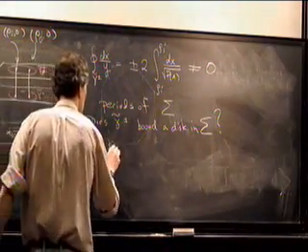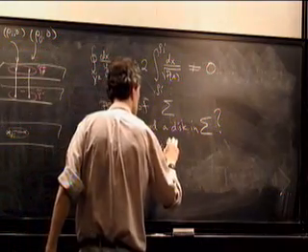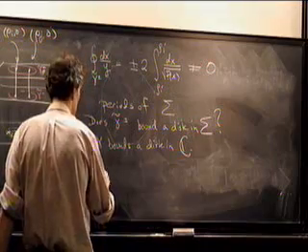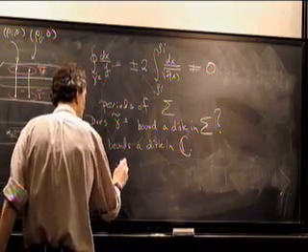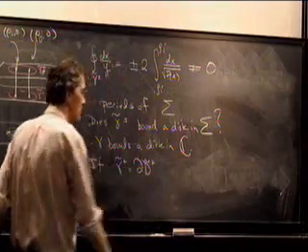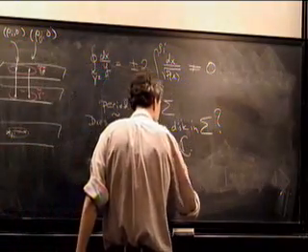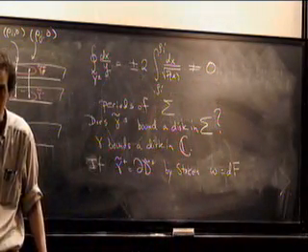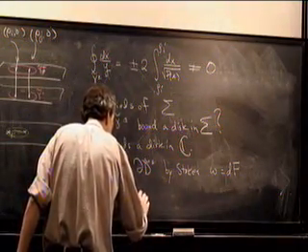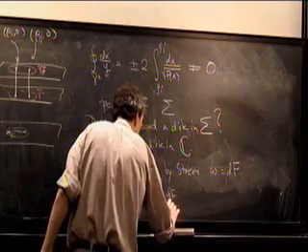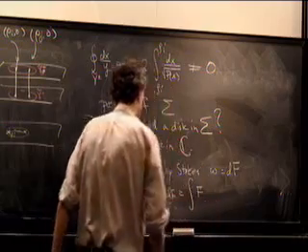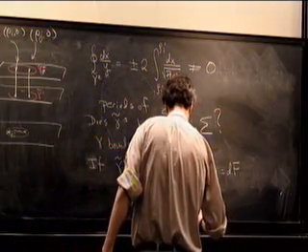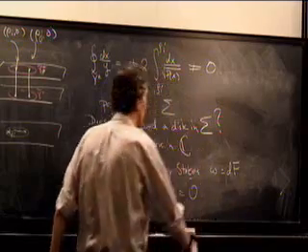Certainly gamma bounds a disk in C. Well, you see, if gamma tilde bounded a disk in sigma, so if gamma tilde plus, let's say, was the boundary of some disk, called D tilde plus, then by Stokes' theorem, omega would be equal to df for some well-defined function on the disk, and then the integral around gamma tilde of omega would be the integral of df, which would be equal to 0, because f would be well defined.